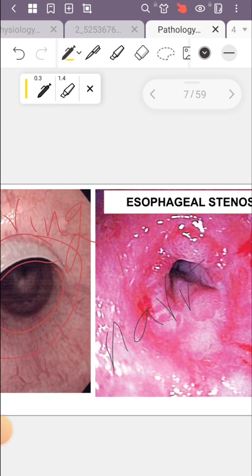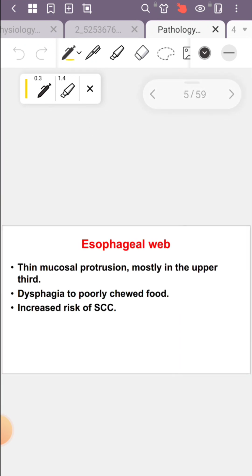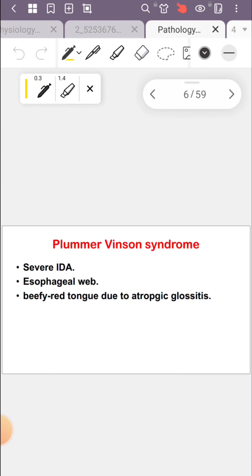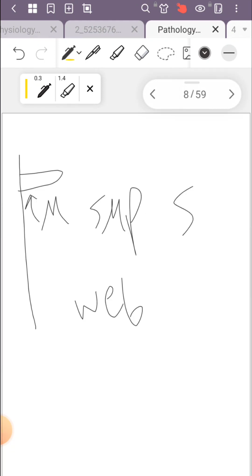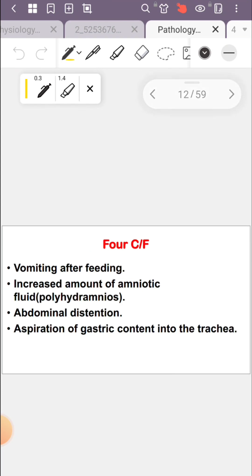As we said, this is the common type of tracheoesophageal fistula: the proximal esophagus is atretic and the distal esophagus is connected to the trachea. Vomiting after feeding, increased amount of amniotic fluid with clinical features of polyhydramnios, abdominal distension due to excessive gas, and aspiration of gastric content into the trachea.